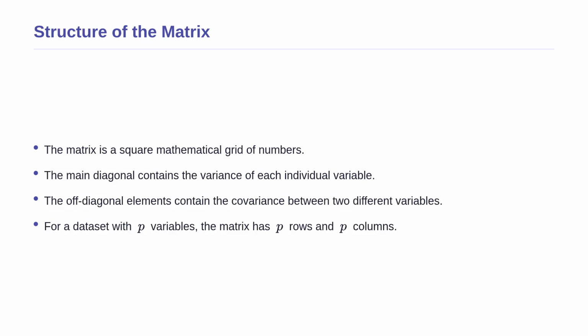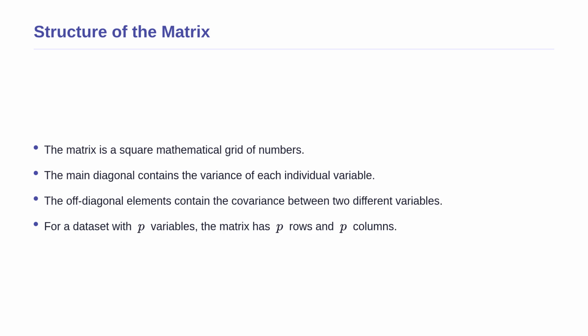Now that we understand what variance and covariance are, let us look at how we organize them. We put all these numbers into a square grid, which we call the variance-covariance matrix. A matrix is simply a mathematical table with rows and columns used to store data systematically.